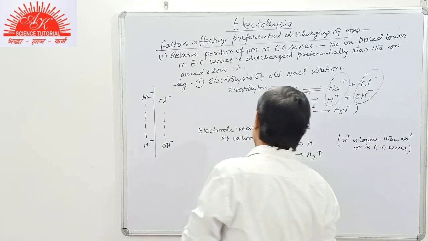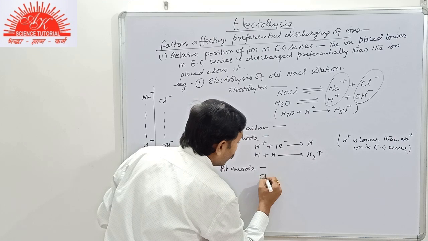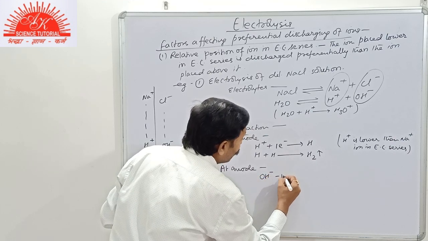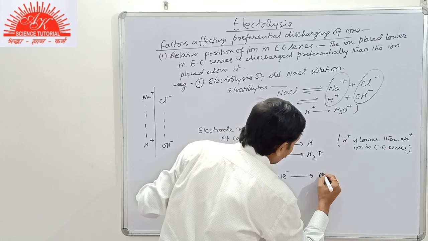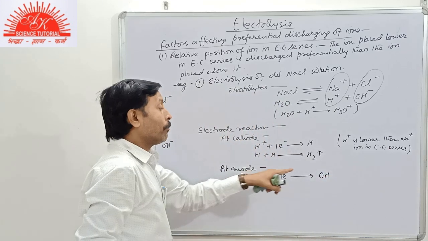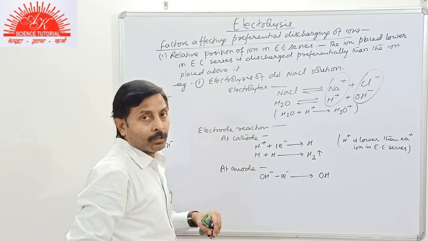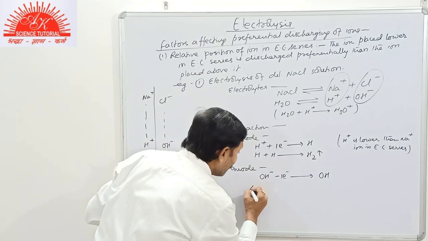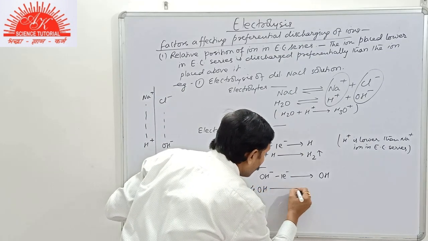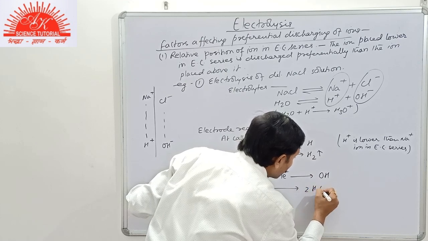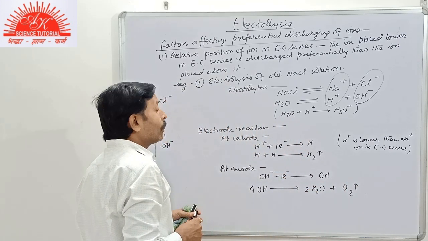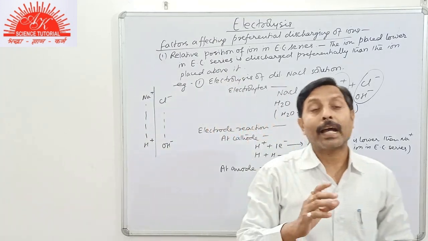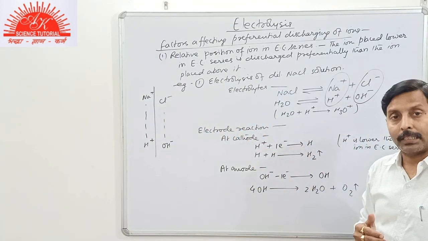As a result, at the anode, the OH- ion will lose its one electron, giving neutral OH. But it is unstable, so it reassembles, with 4 OH giving 2 H2O plus O2. So at the anode, bubbles of oxygen gas will be released.